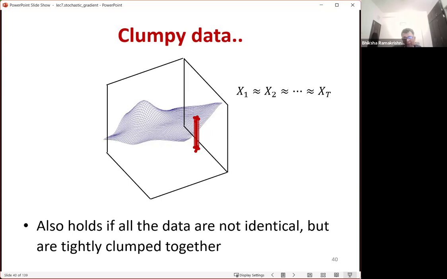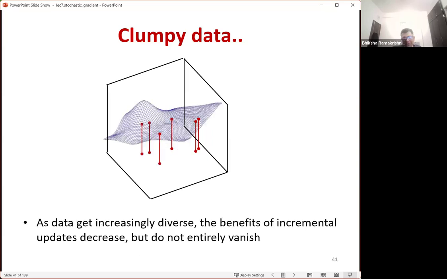So when will the one begin to lose out over the other? Take a guess. When they are very, very different. As the data become increasingly diverse, the benefits of incremental updates decrease. They don't entirely vanish, we'll see more of it, but you have to be more careful.